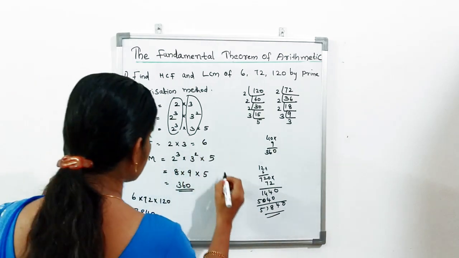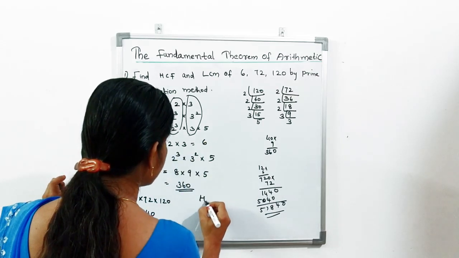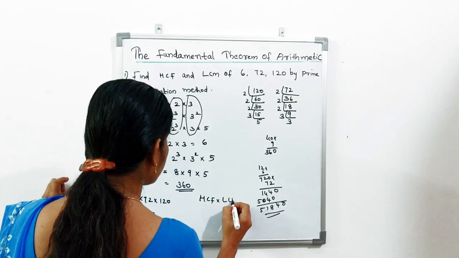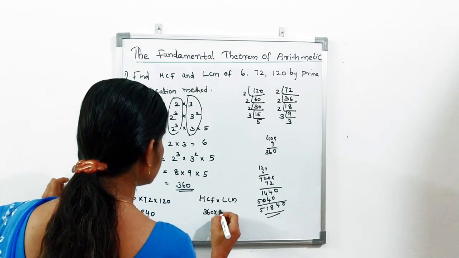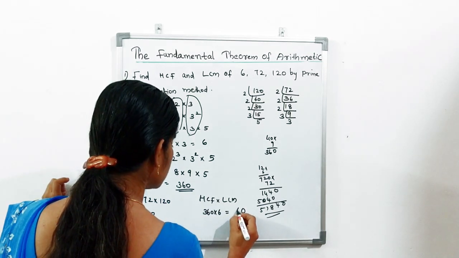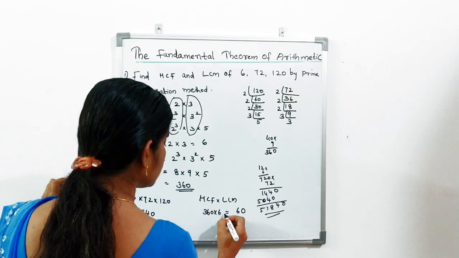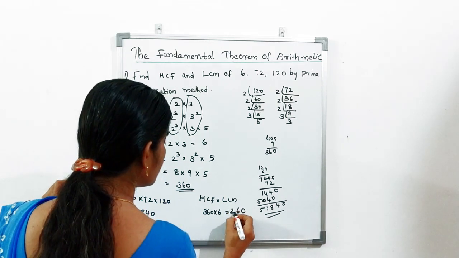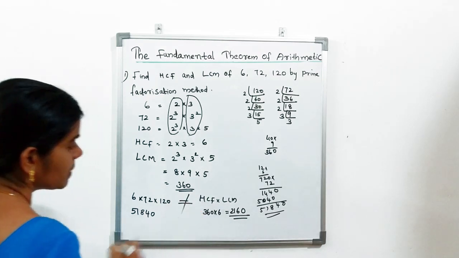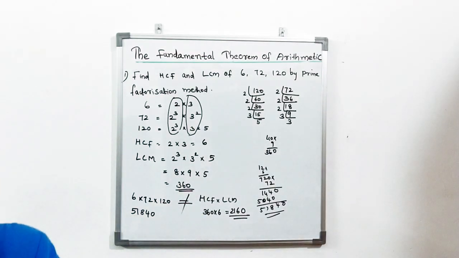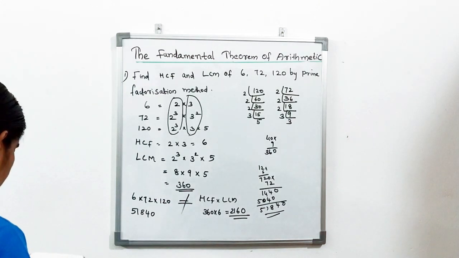Next 360 into 6, HCF into LCM, you will get 2160. Therefore, the product of 3 numbers is not equal to HCF into LCM.